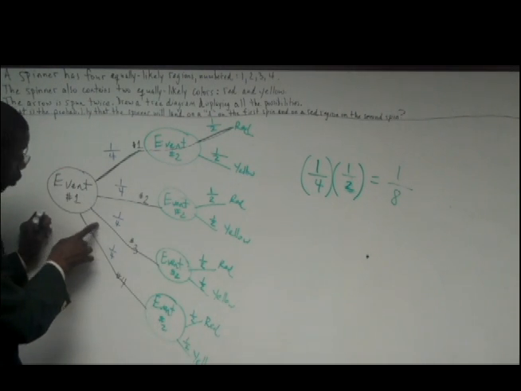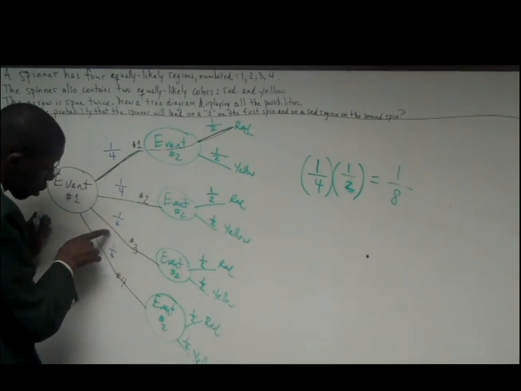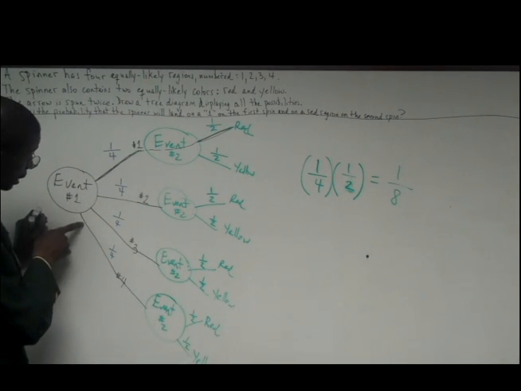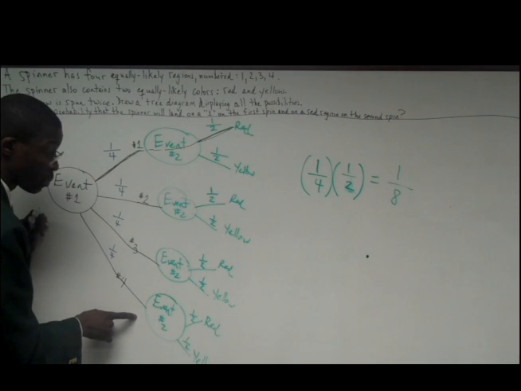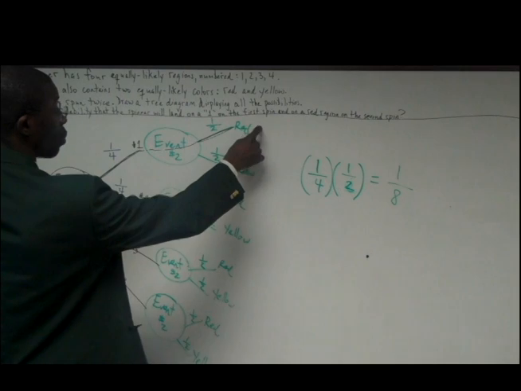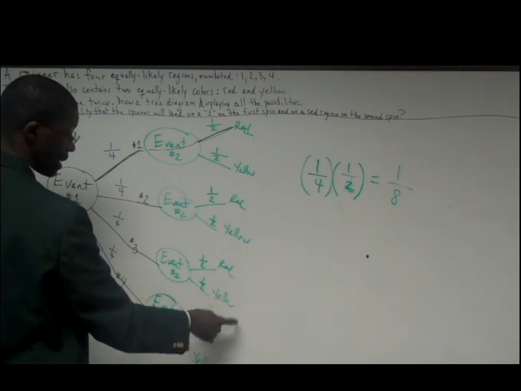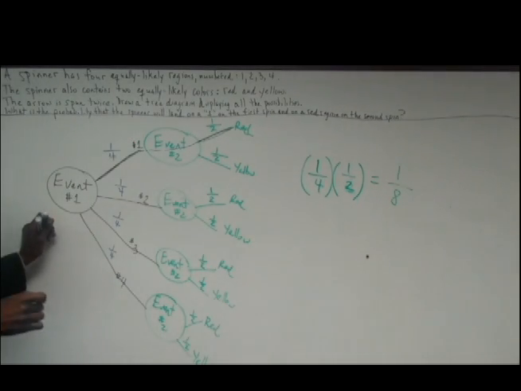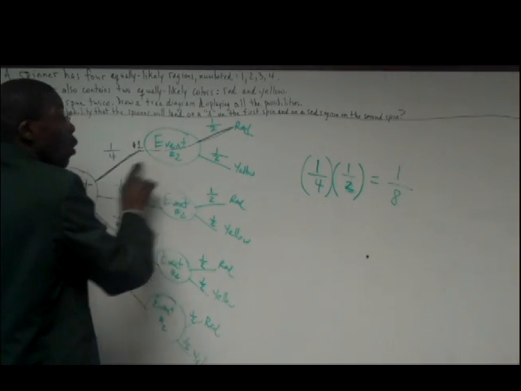Or I could get a 3 on the first spin and then a red. Or a 3 on the first spin and then a yellow. And lastly, it's important to understand we could also get a 4 on the first spin and then a red on the second or a yellow. For a total of 1, 2, 3, 4, 5, 6, 7, 8. 8 possible options, but we're only interested in the one branch.